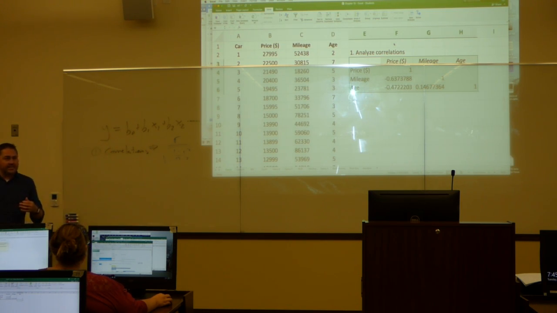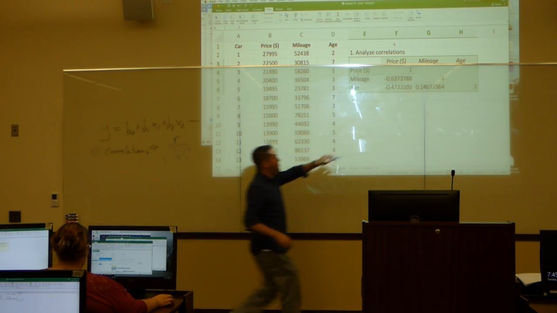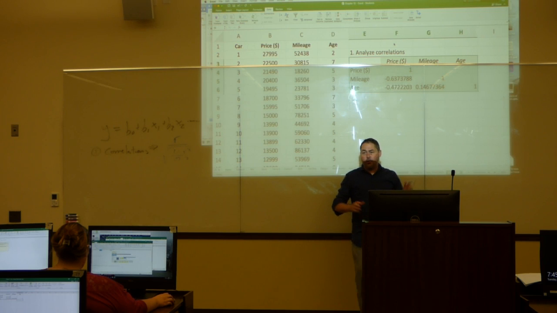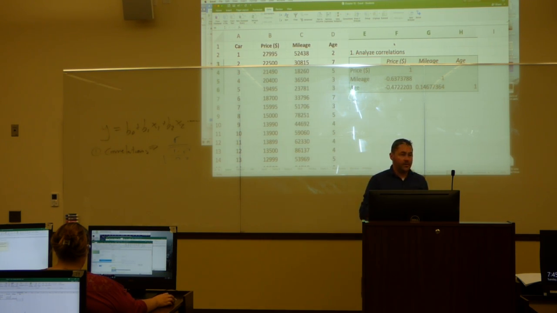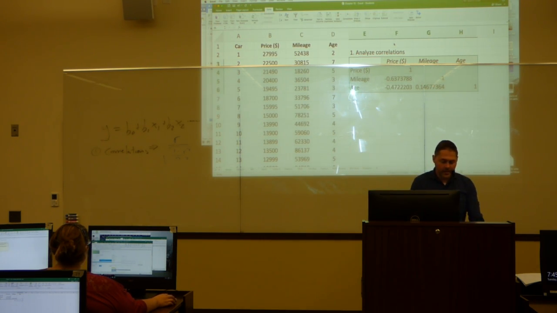You would do that the same way that we analyze the correlations. I'm going to come back to this in a little bit, but any questions about that? Because, as I was mentioning before, it is important to have all the pairwise correlations.